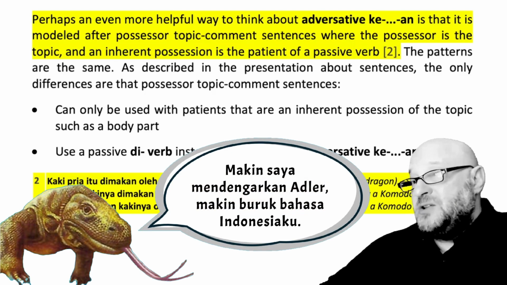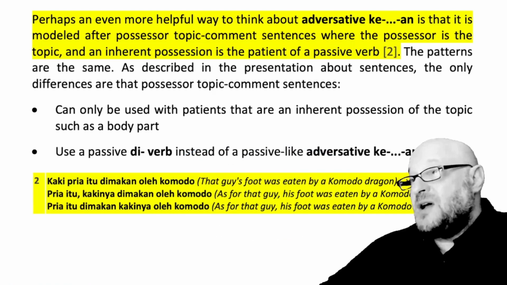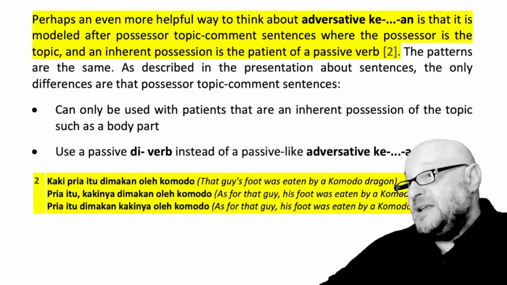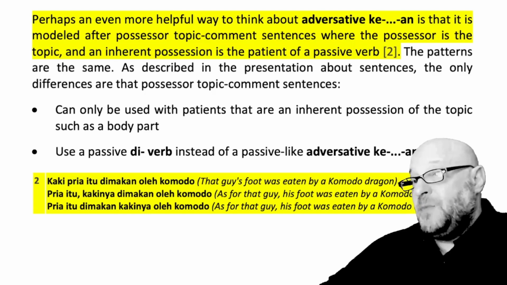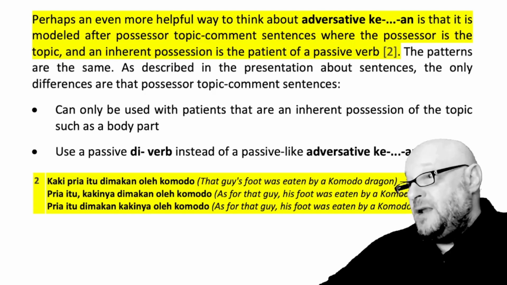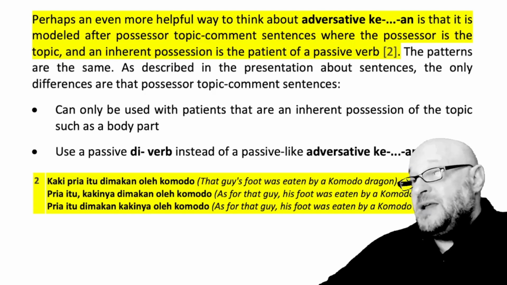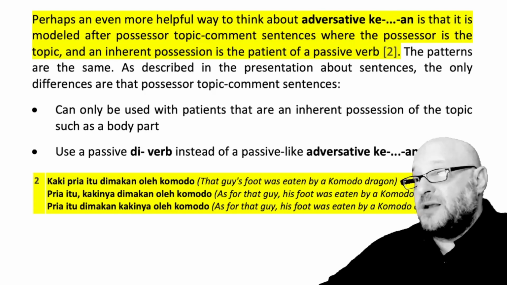Can be turned into pria itu kakinya dimakan oleh Komodo. Here's a topic-comment sentence. As for that guy, his foot was eaten by a Komodo dragon. Finally, the ke-an adversative sentence, pria itu dimakan kakinya oleh Komodo. As for that guy, his foot was eaten by a Komodo dragon.